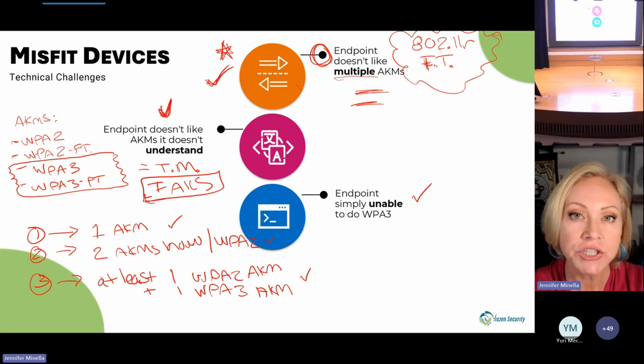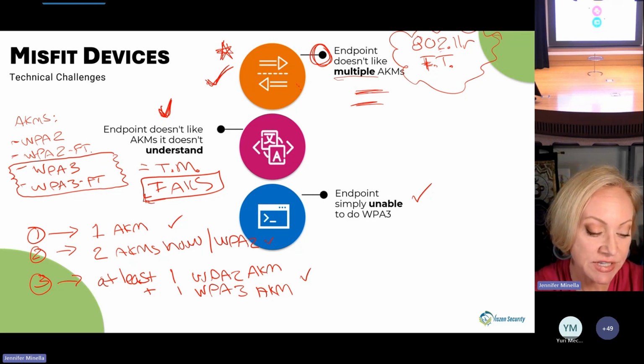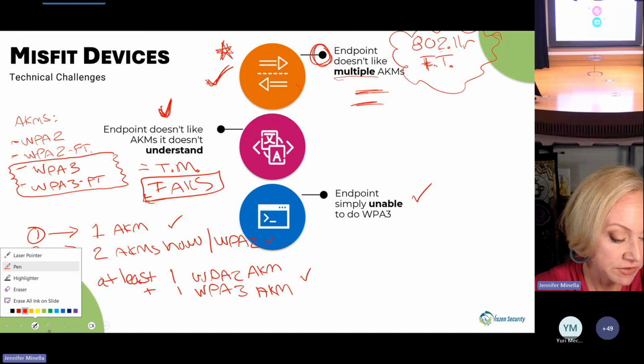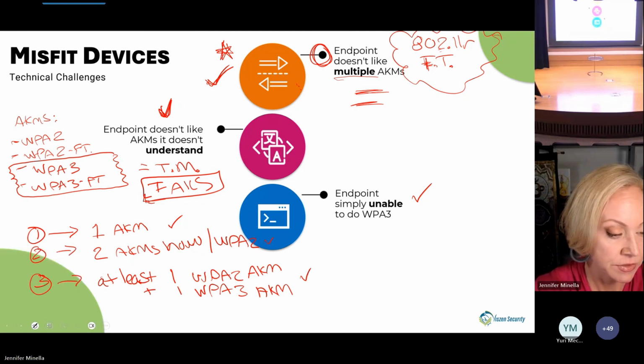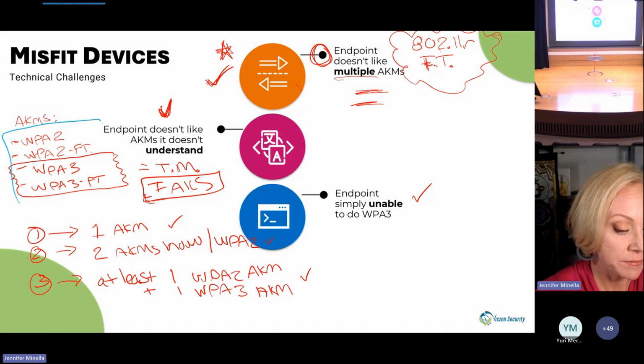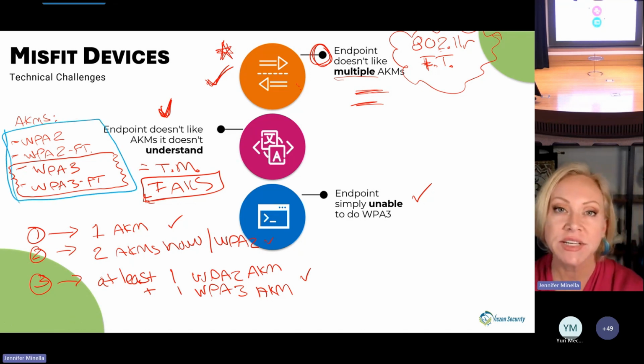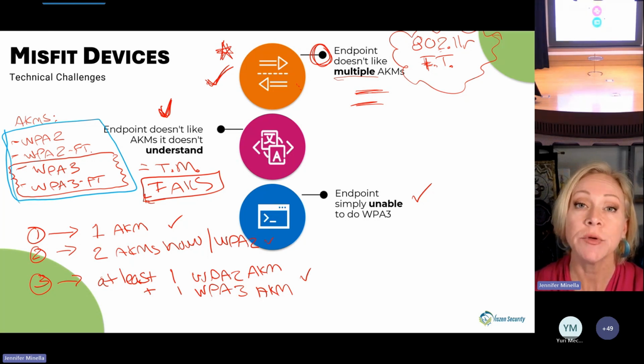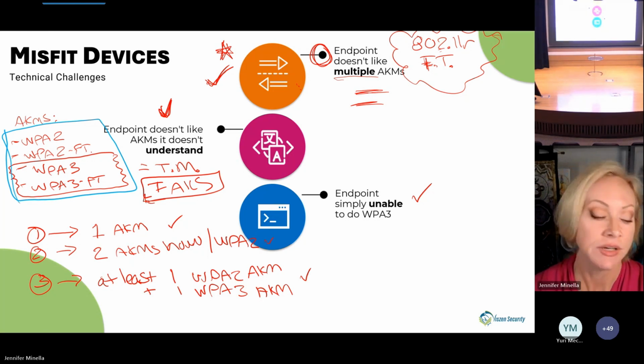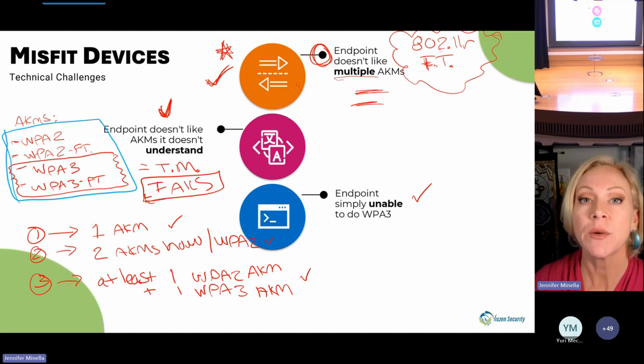So what an endpoint should do, if it's behaving properly, is when it sees this, I'm going to switch colors. Let's go to blue. When it sees this advertisement here, I'm going to come back up here. And it goes, okay, I see a WPA2. I see a WPA2 with FT roaming. I see a WPA3 network.